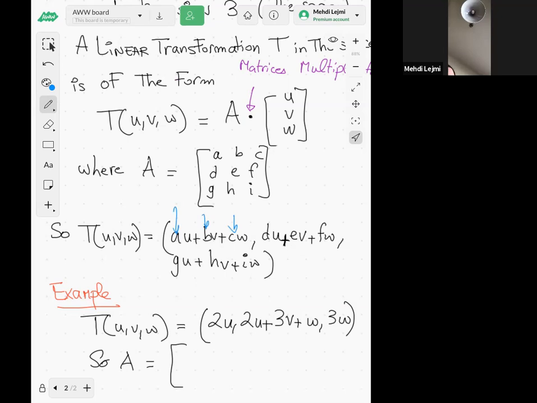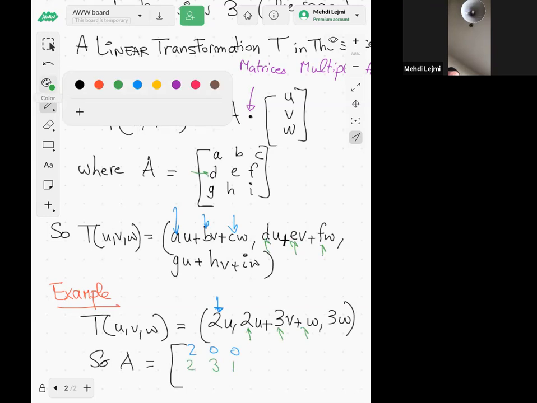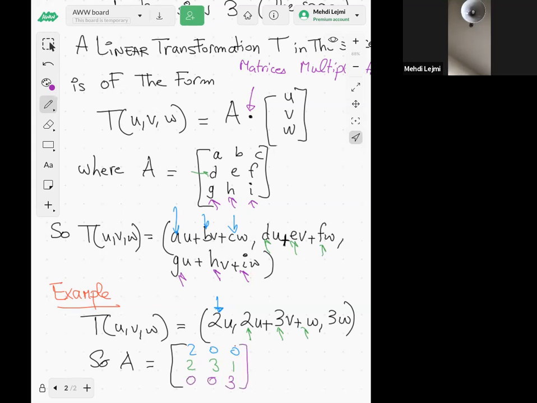In this case, there's no V and no W in the first component, so that will be just 2, 0, 0. The second row, D, E, F, will be 2, 3, 1. And finally, the last row, G, H, and I: G and H are both 0, but I is 3, so that will be 0, 0, 3. Okay, so that will be your matrix A.